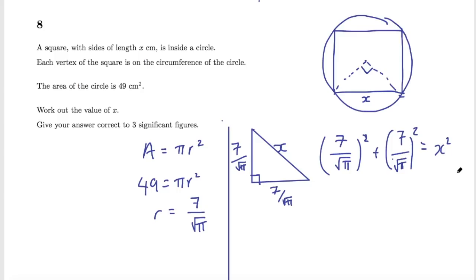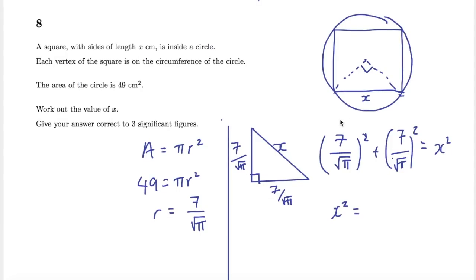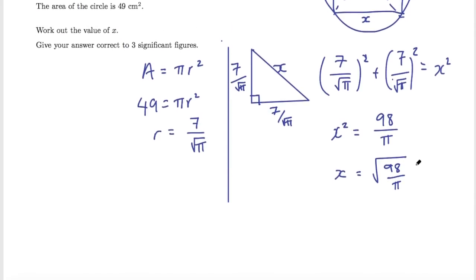Now, if you're working this part out, you could square the 7s and square the square root of pi. So on this side, you end up with actually 98 on pi. And then if you take the square root of that, you'll get your answer for x.